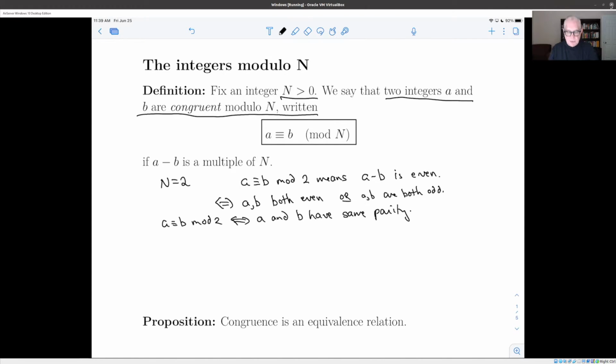But, of course, we can work much more generally, and if n is 5, then we know, for example, that 7 is congruent to 2 modulo 5, because 7 minus 2 is divisible by 5.